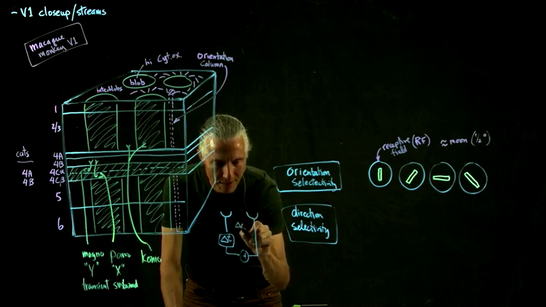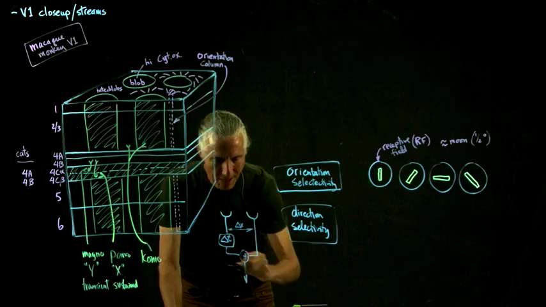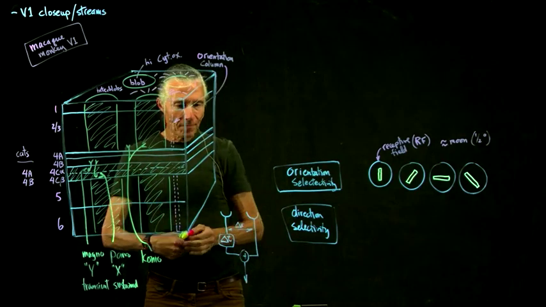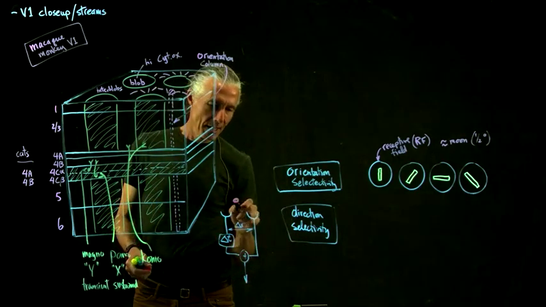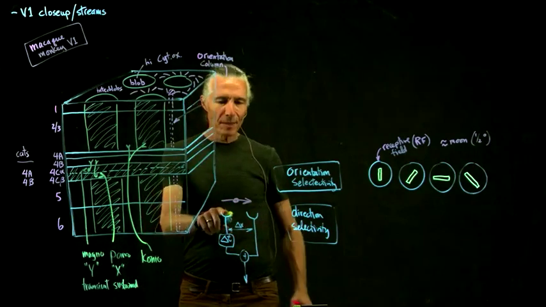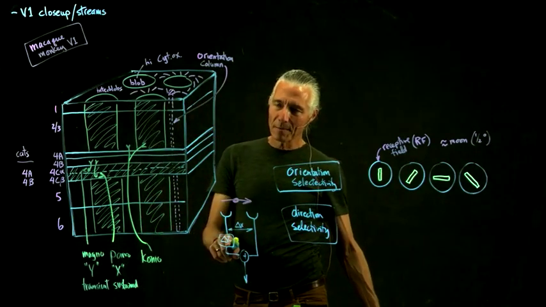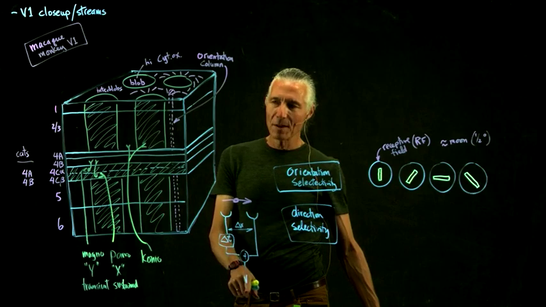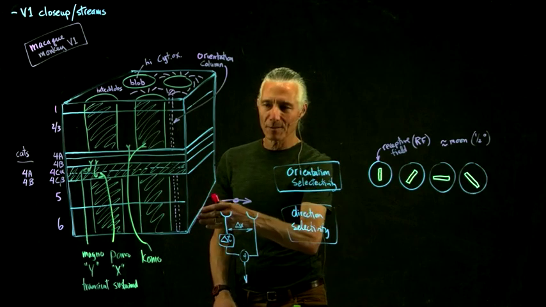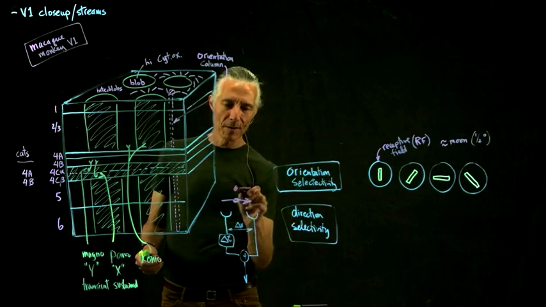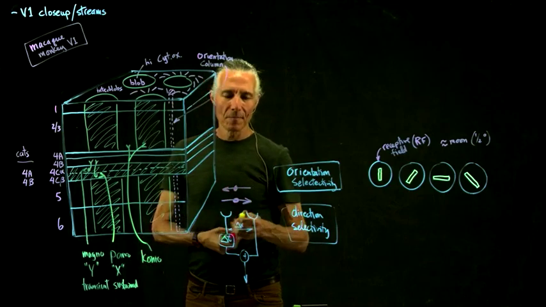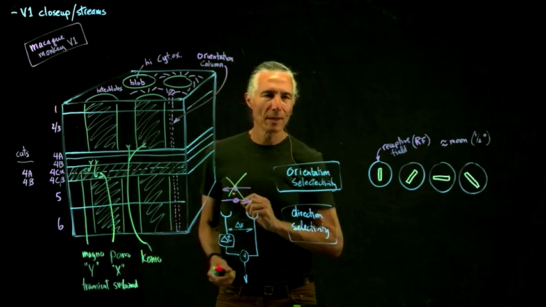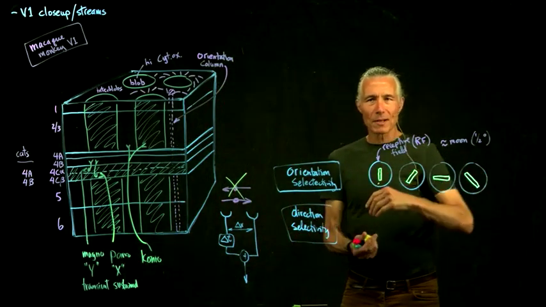So here's a little spatial offset, and then something like that. If you move an object in this direction, what happens is it stimulates this detector, gets delayed a little bit, buffered a little bit, and then a little bit later in time it stimulates this detector, and then those two add, and then you get a response. But if you go the opposite way, it doesn't work. It doesn't work when you go this way, because in that case, the two responses wouldn't get superimposed on top of each other in time.